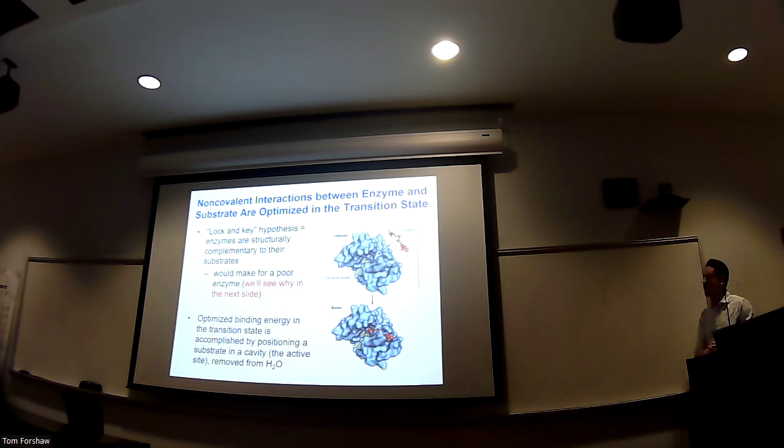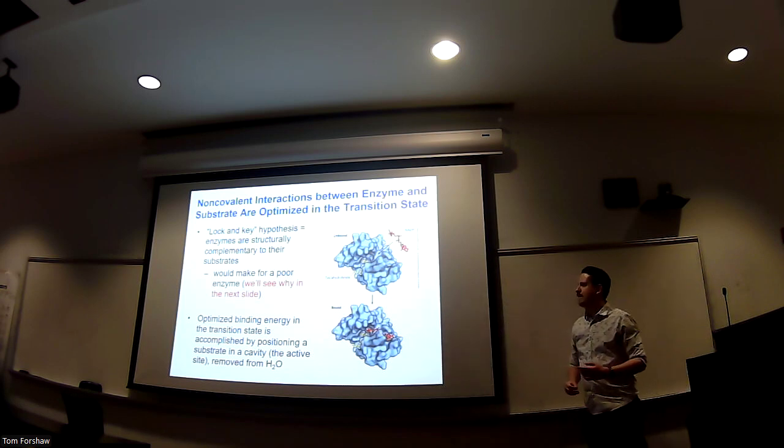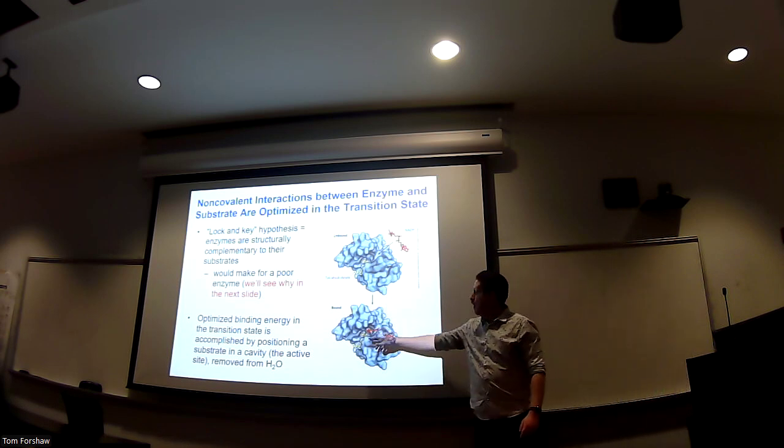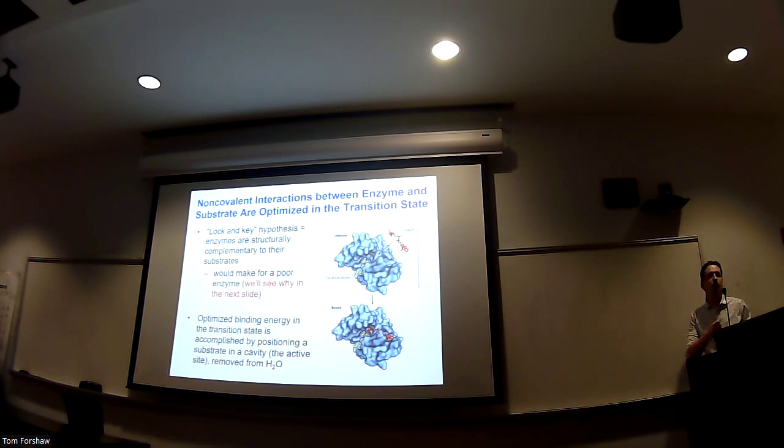And just to mention as well, often there's a binding energy, and that is where, when the substrate binds, it will displace some water and then form new bonds with the protein.